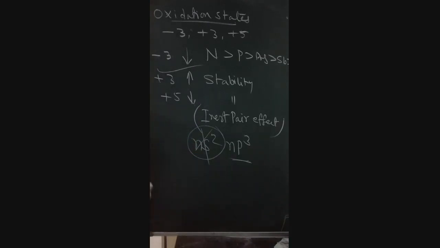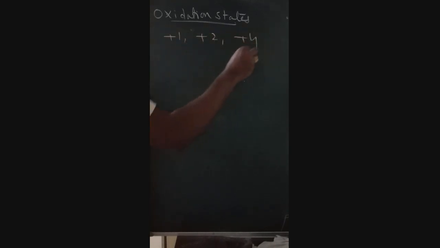Especially in this group, the nitrogen element exhibits multiple oxidation states along with these 3 oxidation states. It also exhibits other oxidation states like +1, +2 and +4, even +5, especially with oxygen. Why?